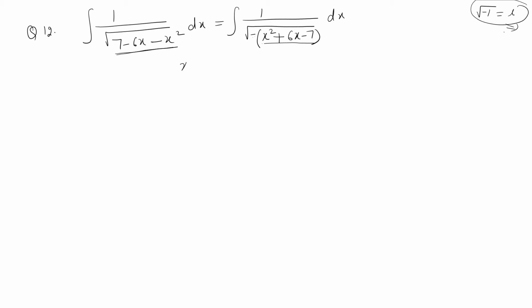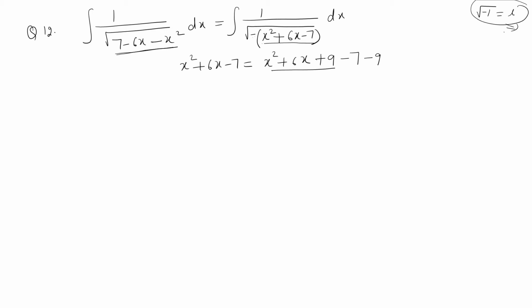So let us change it to a perfect square, as x square is free of anything. So x square plus 6x, half of 6 is 3, so 3 square is 9. So I will add and subtract 9. Addition will be with this x square and 6x term and subtraction here.